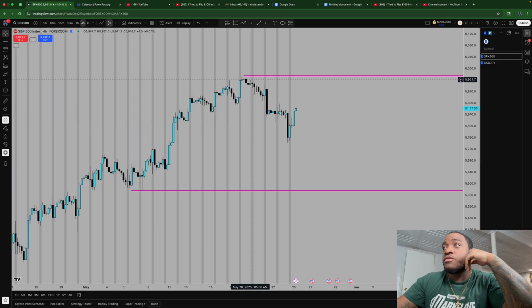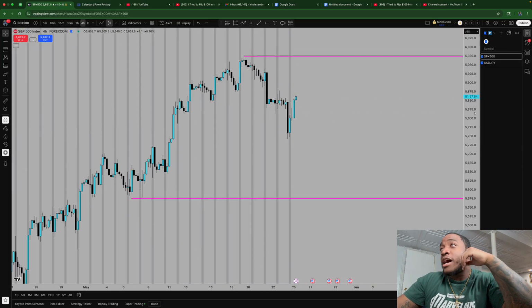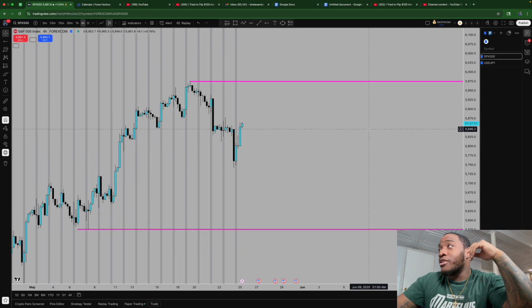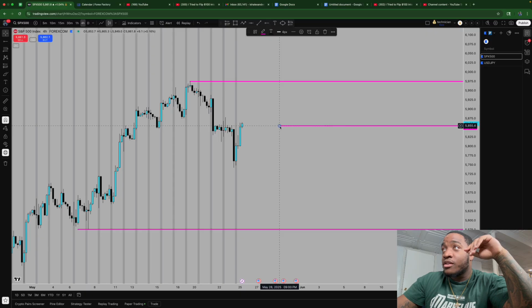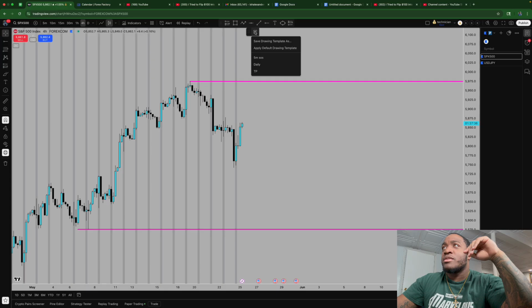So boom, we go down to the 4 hour. We see that the 4 hour is bearish, but in an hour 30, if we break above this area right here, the 4 hour then becomes bullish.